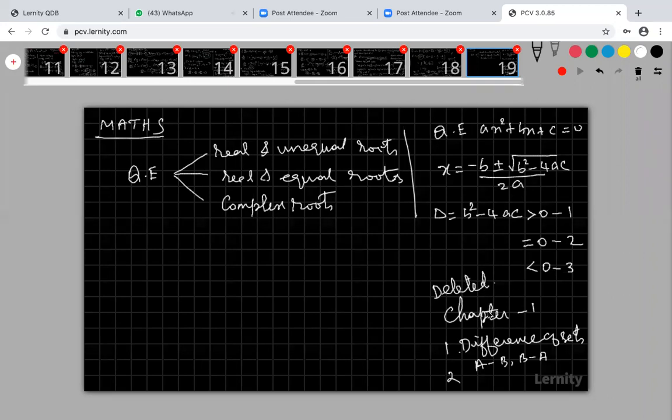And the second one is the complement of a set, that is A dash, A double dash, everything.